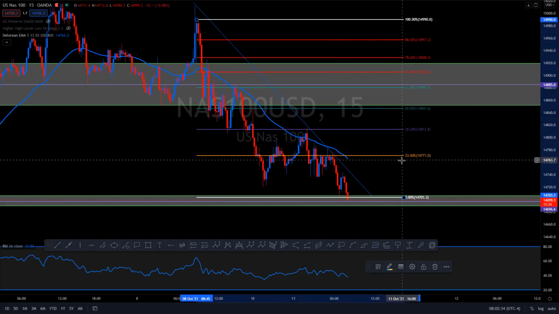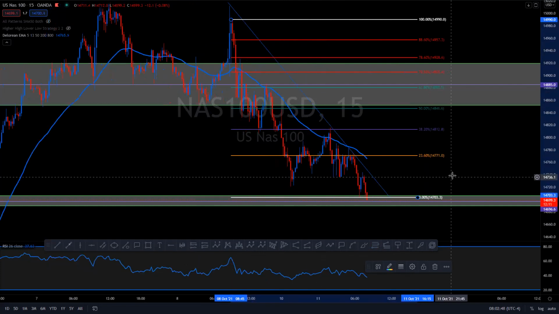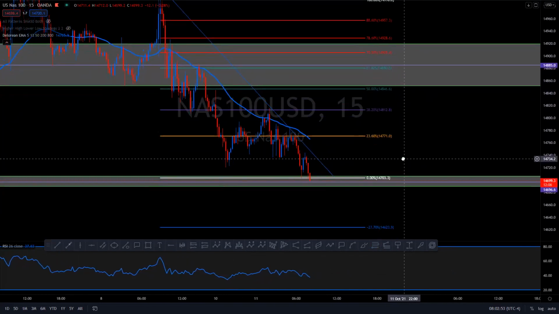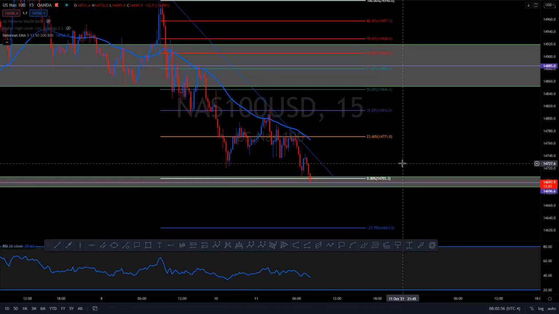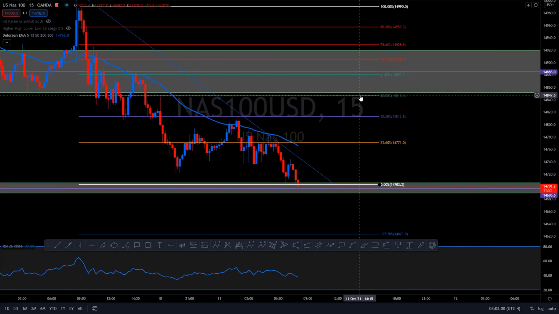And so price did retest the 23.60, retested the 38.20 previously, and previously retested at 50% and made price go down, and then previously retested at 61.80, which made price go down. So price still may actually have the ability to trend down more, maybe, before it's considered oversold. And it looks like it's forming a very strong bearish engulfing candle.